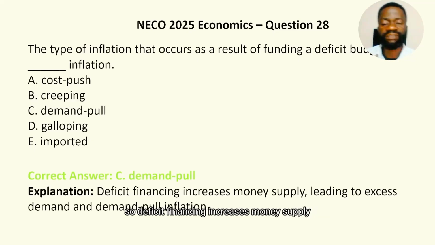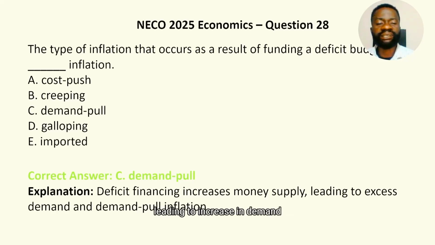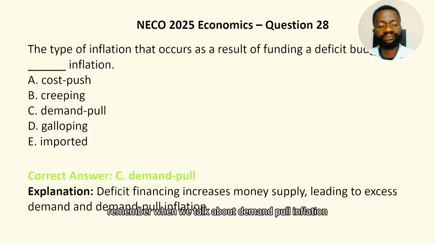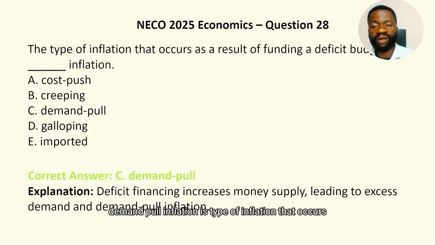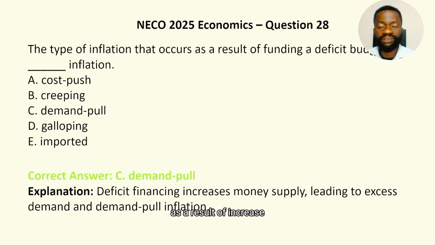So deficit financing increases money supply, leading to increase in demand and demand pull inflation. Remember, demand pull inflation is the type of inflation that occurs as a result of increase in demand or a result of excess demand for goods and services in an economy.